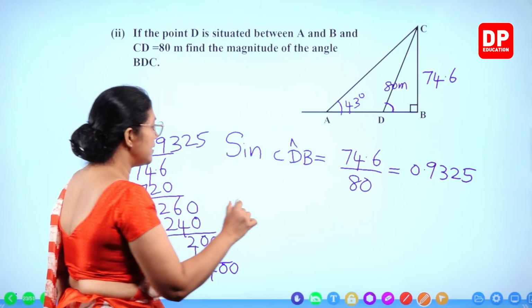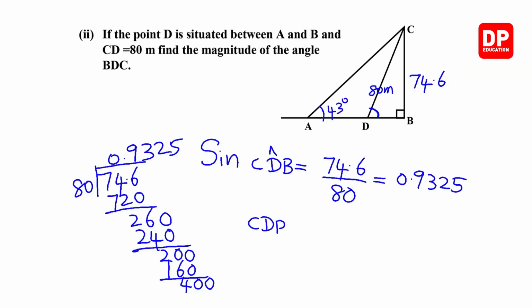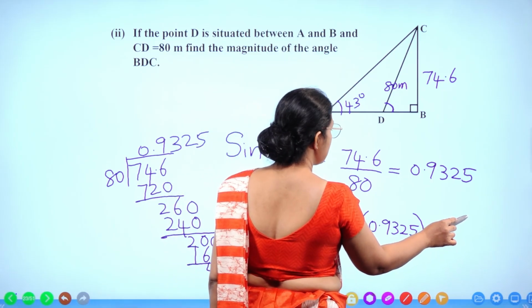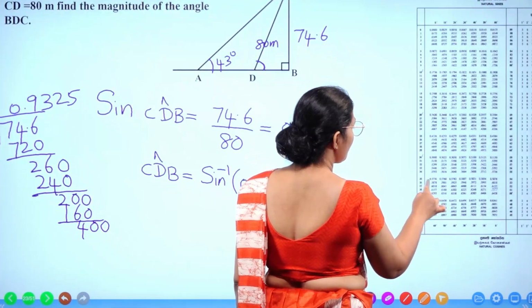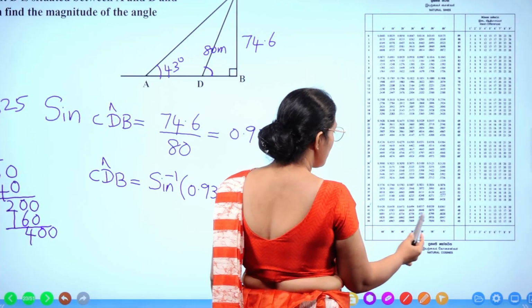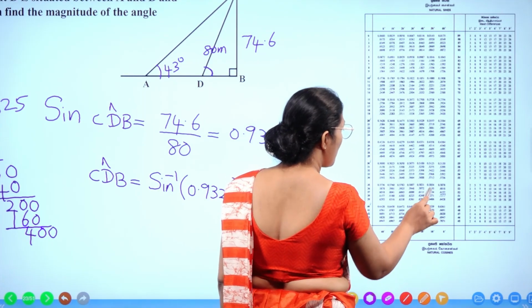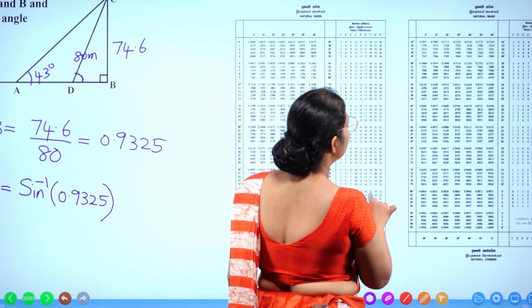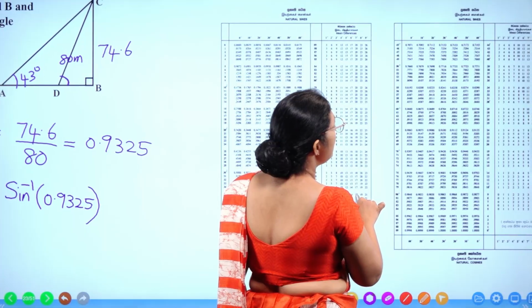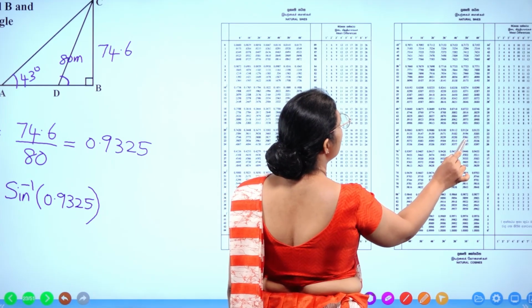How you find the angle? You have to use sine inverse of 0.9325. So you have to refer the sine table and see where you get 9325. So 9325 in the next page. 9325. 9325 is there.